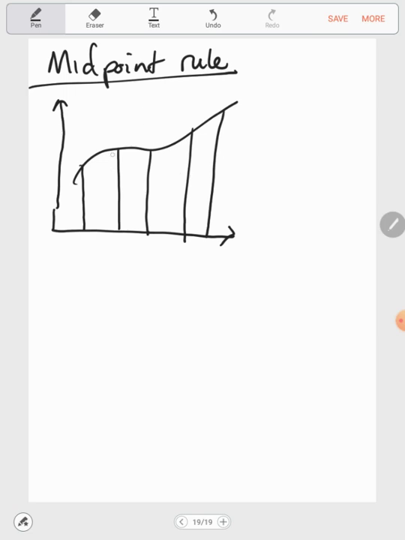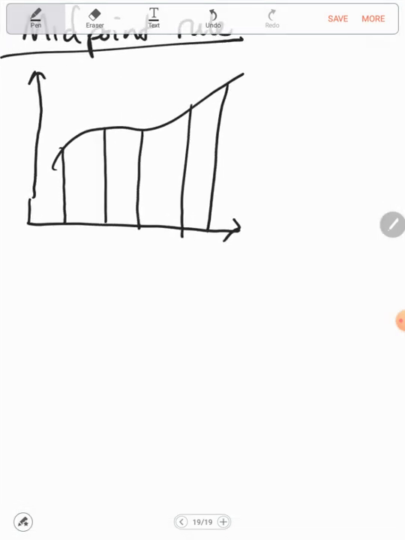We get the midpoints. The midpoints help us find our y1, there we find our y2, there we find our y3, and on that middle there we find our y4.